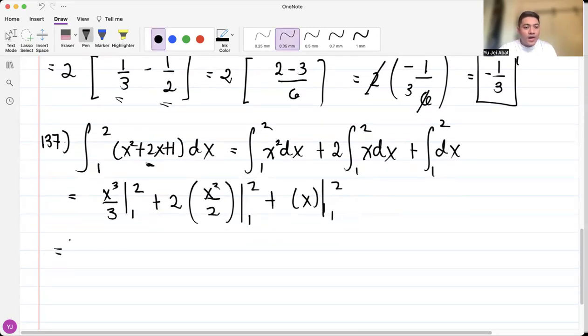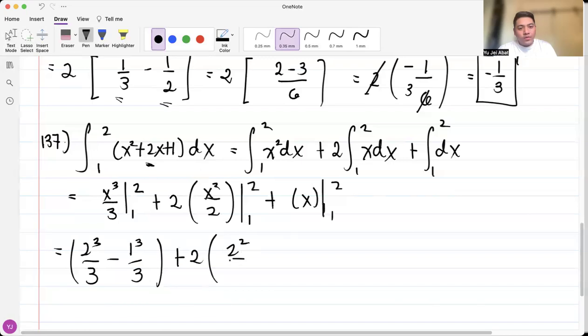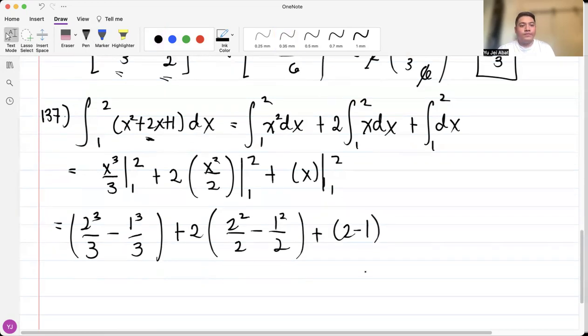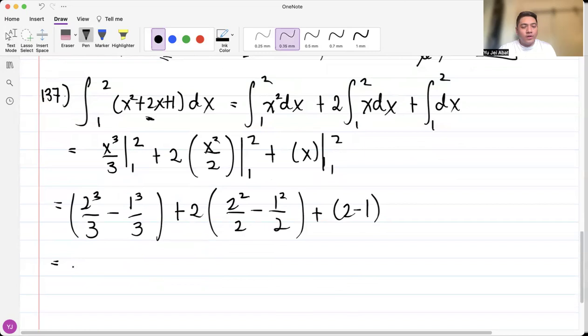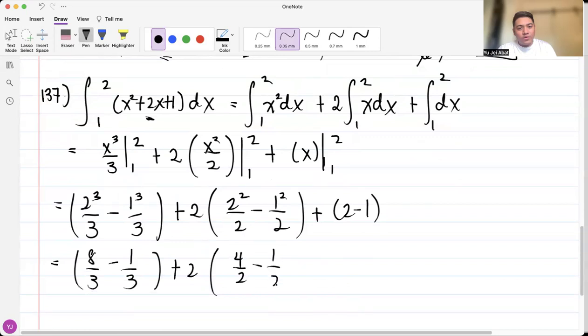So we have 2 cubed all over 3 minus 1 cubed all over 3, plus 2 squared all over 2 minus 1 squared all over 2, plus 2 minus 1. So 2 cubed all over 3 would be 8 all over 3 minus 1 all over 3, plus 4 all over 2 minus 1 all over 2, plus 1.